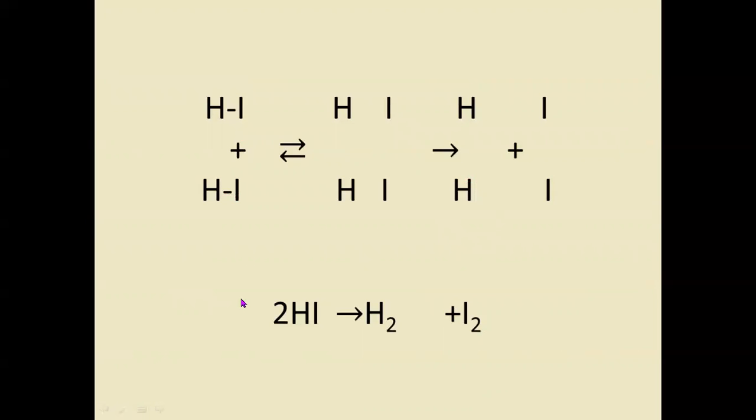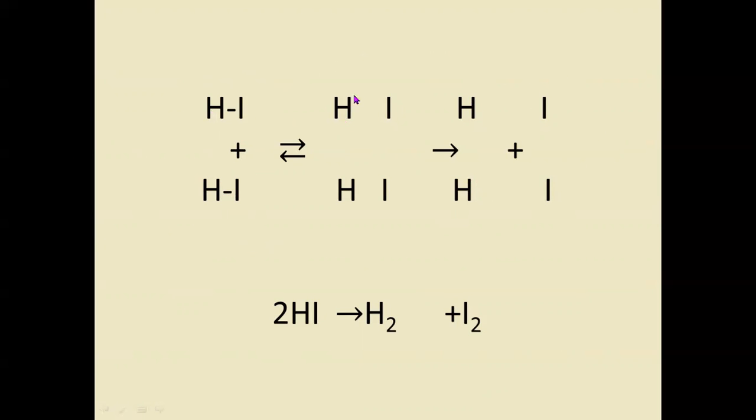Now, there is a simple equation which shows you what a transition state or activated complex is. Two molecules of HI dissociate into hydrogen and iodine.